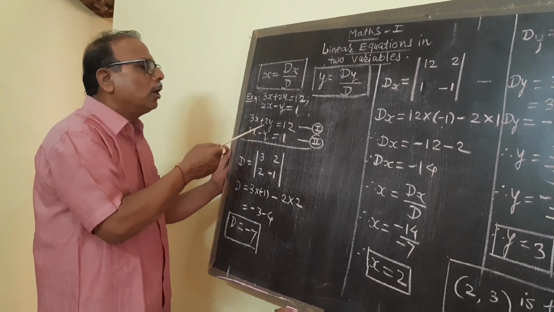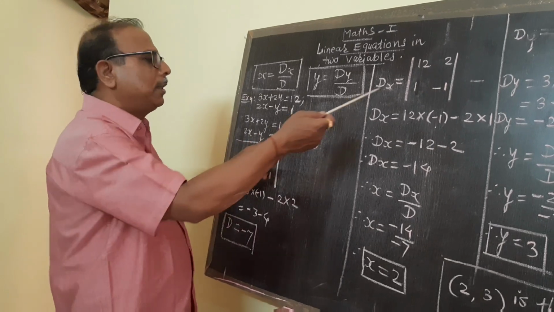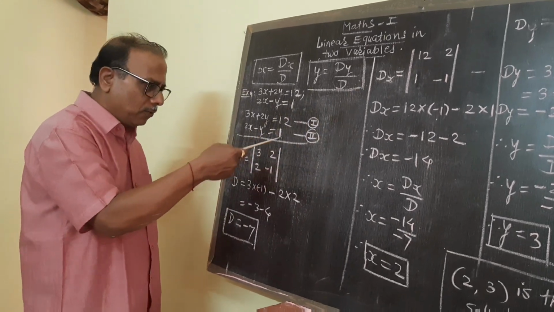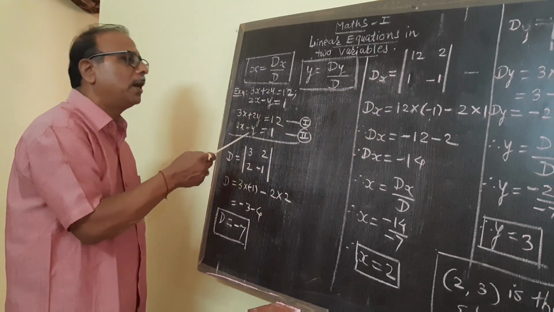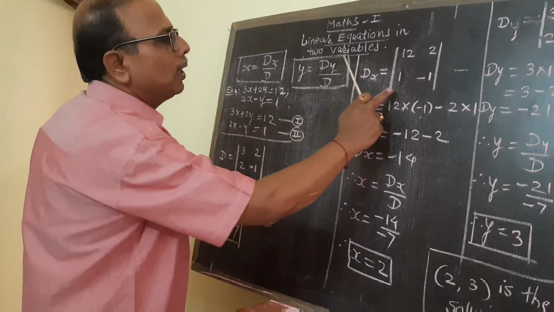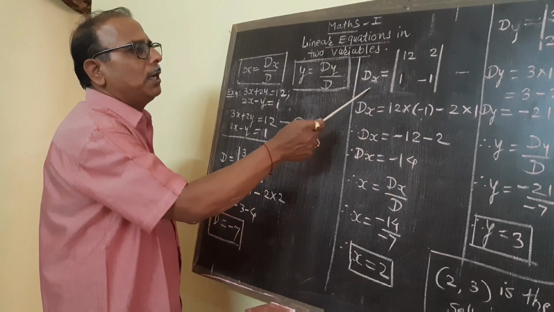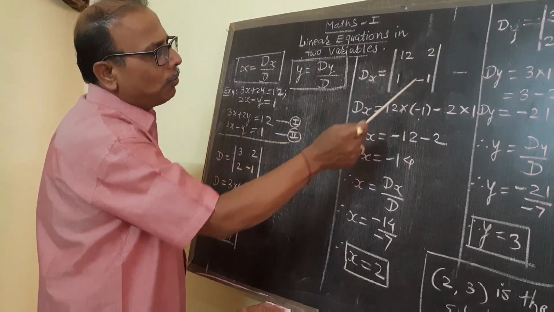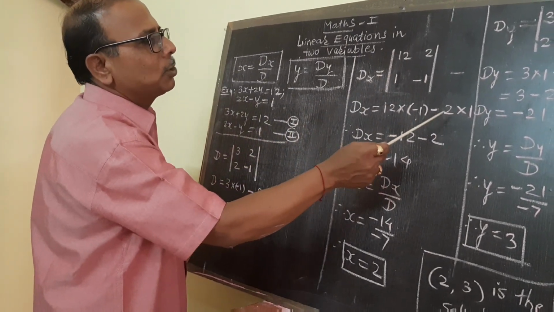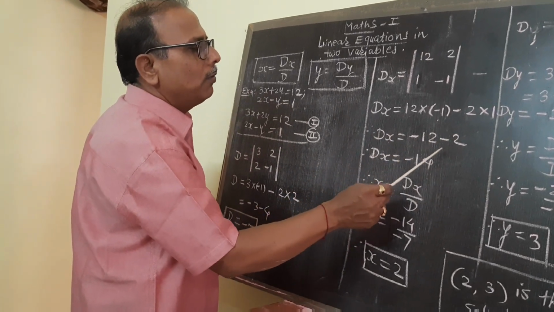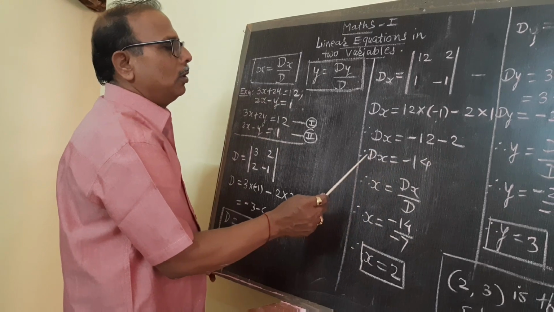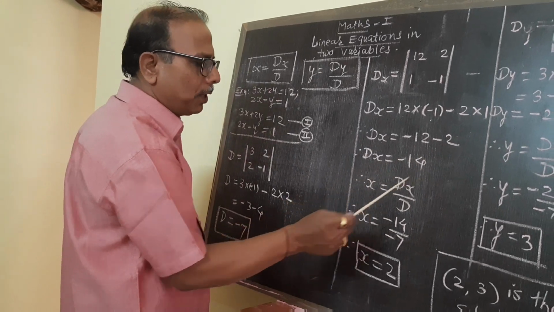To write the determinant dx, we'll take first this column 12, 1 and then 2 and minus 1. So we'll get here determinant d of x, 12 into minus 1 minus 2 into 1. So value of this determinant is minus 12 minus 2, that is equal to minus 14.